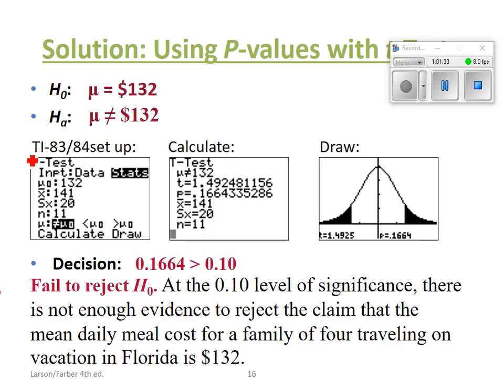Fail to reject, there is not enough evidence to reject the claim that the mean daily cost is 132. Again, why do we say it that way? Because we're not giving them credit for being correct. But we're saying, you know what, we can't say that they're incorrect.